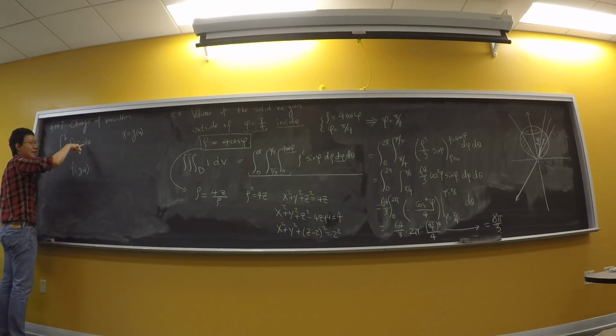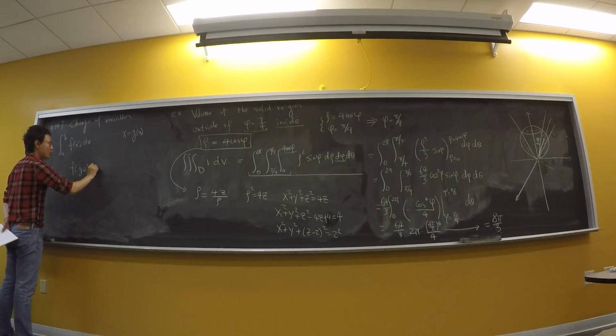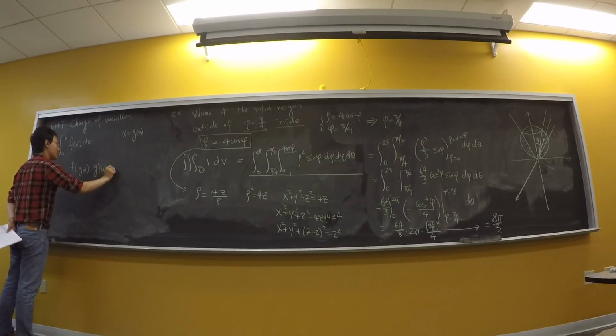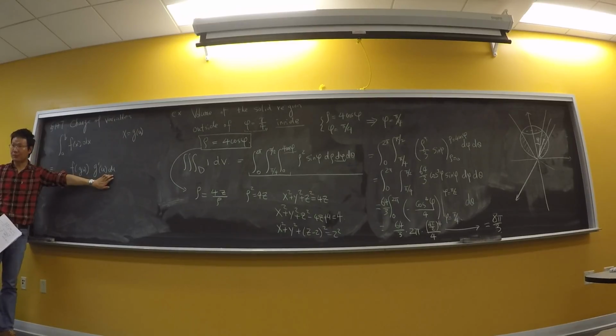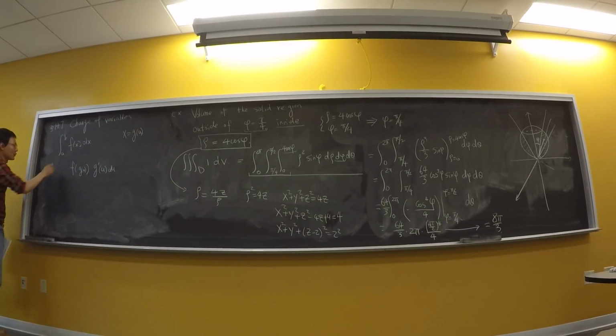I also have to change dx to g prime of u du. Right? So these are all straightforward. You switch between x and u in a function, you change dx to g prime du. But one thing that is pretty important here is you have to worry about the initial and the terminal point. All right? You have to change from the range with respect to x to the range with respect to u. So usually it is g inverse of a and g inverse of b. So you're taking the pre-image of a and b.